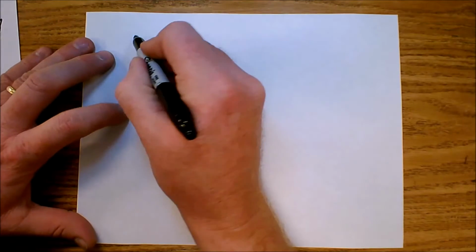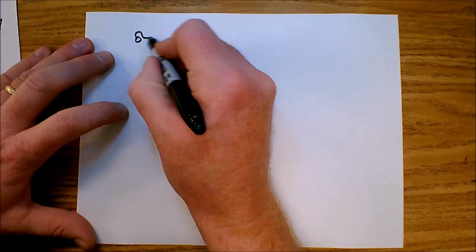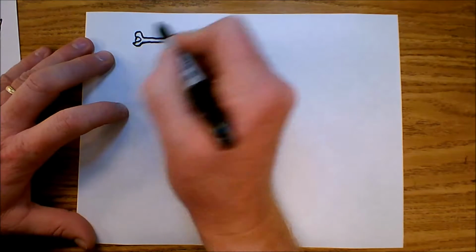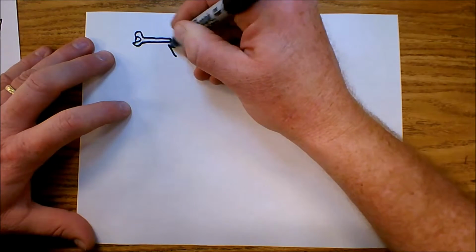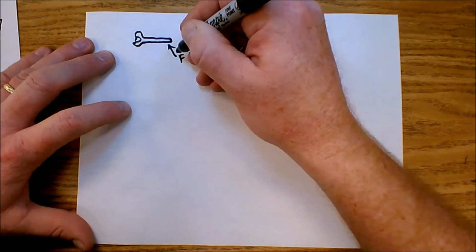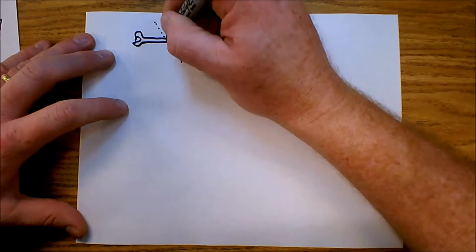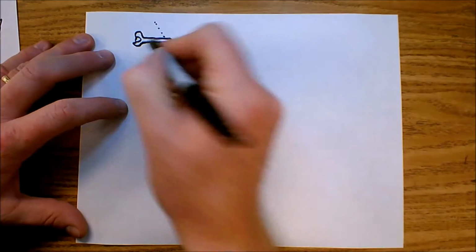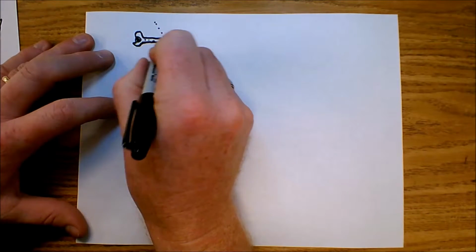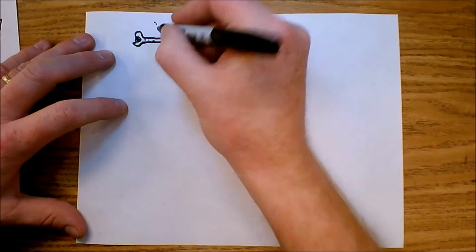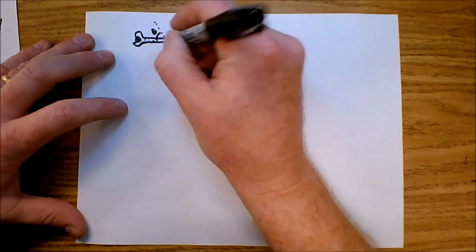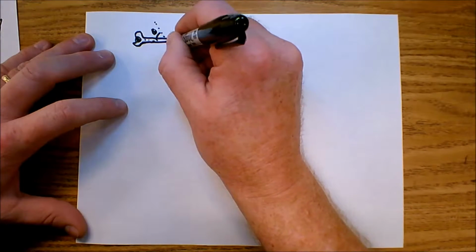In a similar fashion, if I look at the same problem, there's my wrench, and I have my same force applied at that same angle. I'm going to blow this up just a little bit so it's easier to see. Here's my line of action, my force vector, and from the axis of rotation along the wrench handle, that is my r vector. So this angle theta is this angle over here.